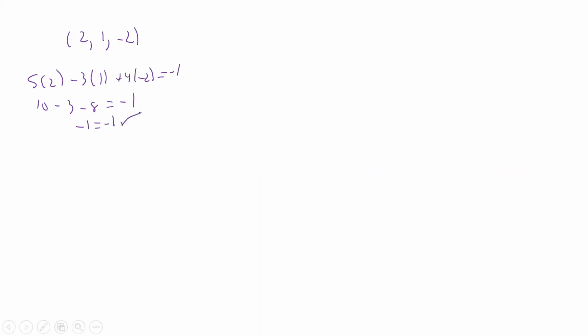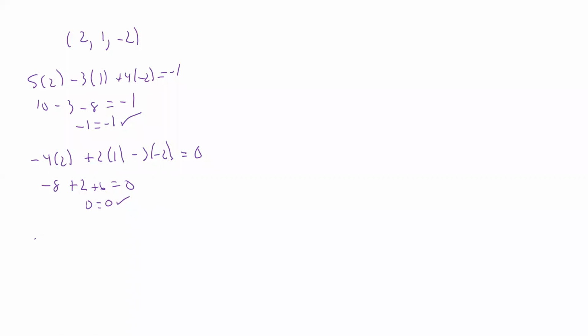Check. Okay, next one. Minus 4 times 2 plus 2 times 1, and then minus 3 times minus 2 equals 0. Well, here we have minus 8, minus 2, and then, oh, that's plus 2, sorry. And then plus 6 equals 0. Well, 8 minus 8 is 0. So that one works.